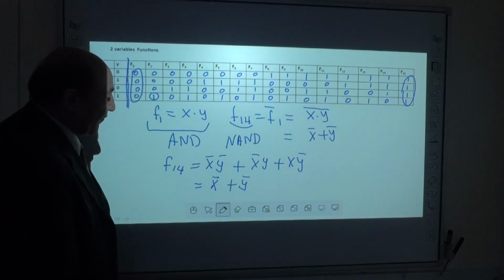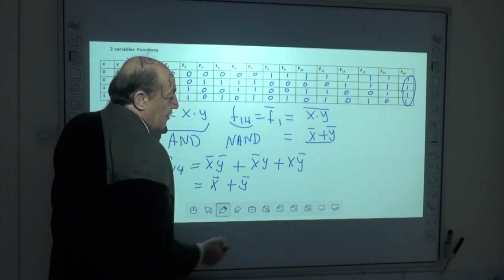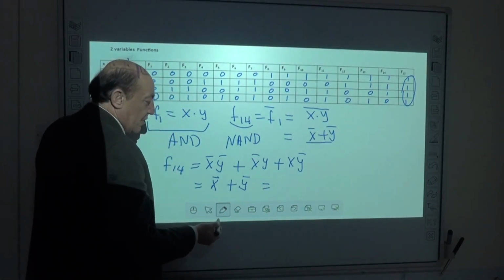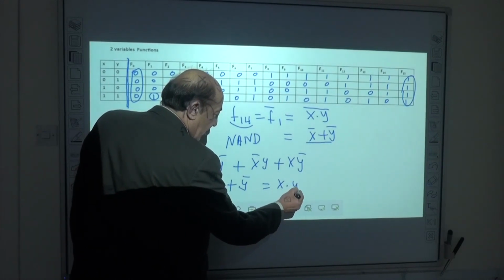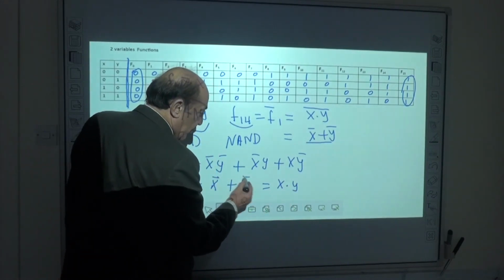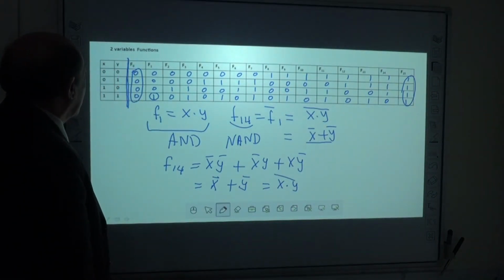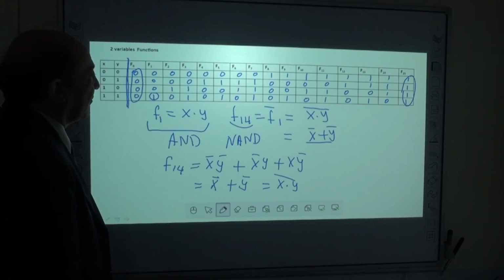This is f14, which is really, according to De Morgan's theorem, equal to x and y complemented, or not. So this is about f1 and f14.